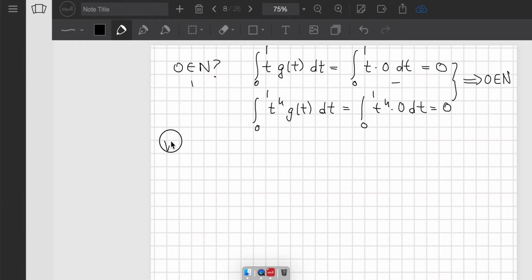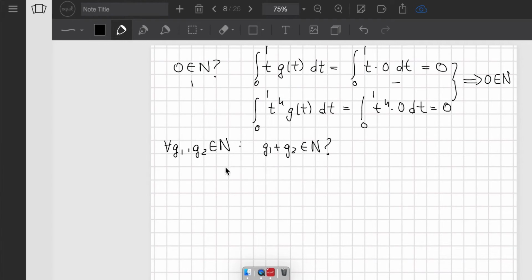So for every g1 and g2 belonging to N, does g1 plus g2 belong to N? Let's see if it satisfies these two integral conditions.